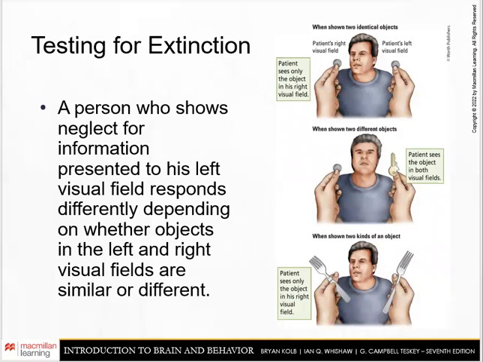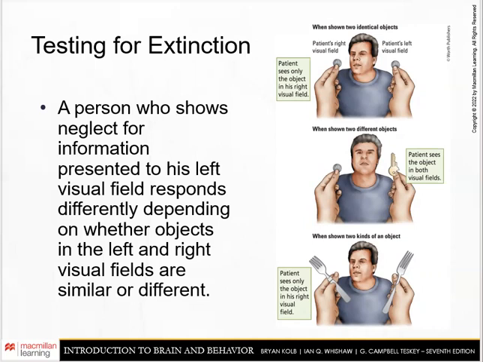Testing for extinction. A person who shows neglect for information presented to his left visual field responds differently depending on whether the objects in the left and right visual fields are similar or different. So in this figure here, we have a patient who is shown two identical objects.